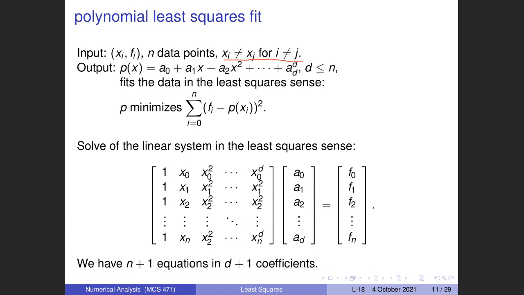It was important there that we understood the difference between a function and a curve. Here we're still working with functions. For every data point, there is a unique function value. So we are fitting functions, fitting them with a polynomial and fitting in the least square sense. So we're going to minimize this. We're going to find the d+1 coefficients in the least square sense by solving a linear system.